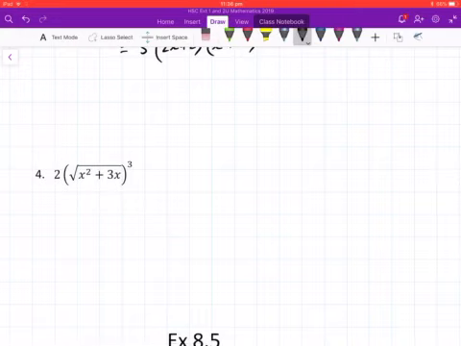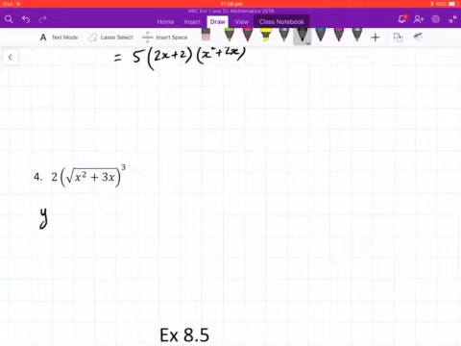We've got 2 outside of the square root of (x squared plus 3x) all to the power of 3, or cubed. So I'm going to say y dash is equal to, but before I differentiate, I need to get this into a different form, and I'm going to use fractional indices.